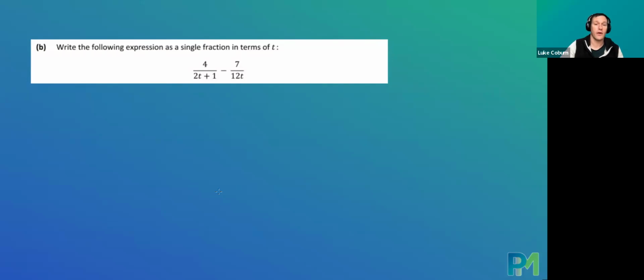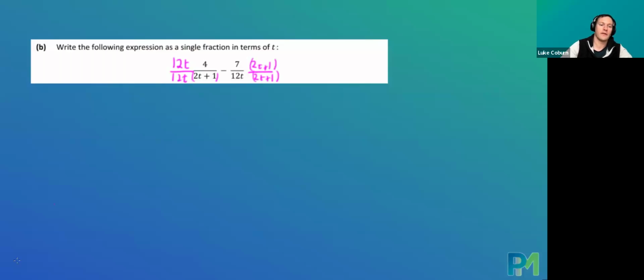Okay, so what do we need to do? We need to multiply the first fraction by something over itself, the second fraction by something over itself. What's going to go in those two places? It's going to be 12t and 12t, put brackets around that one, and then it's going to be 2t plus 1 and 2t plus 1.